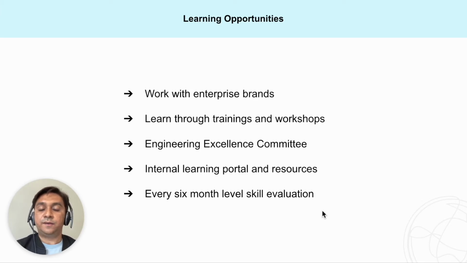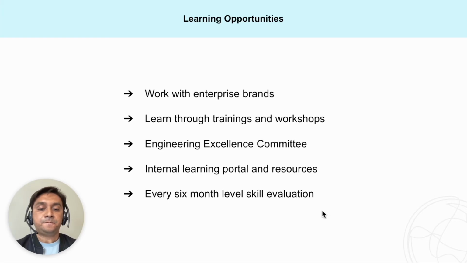We also maintain multiple internal committees like productivity committee or engineering excellence committee, where these committee members are dedicatedly responsible to keep reviewing the new things in and around WordPress communities or the web development community, and they usually schedule these trainings and workshops for all the new things that they have learned, right?